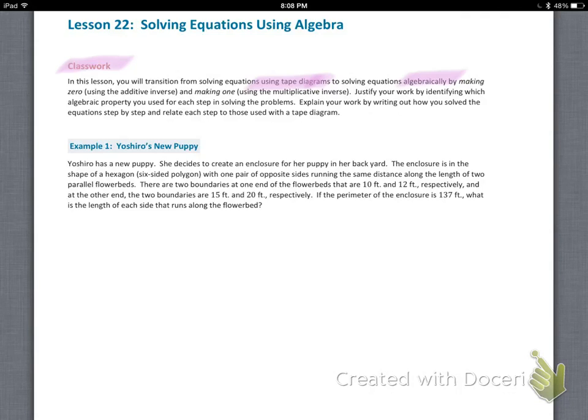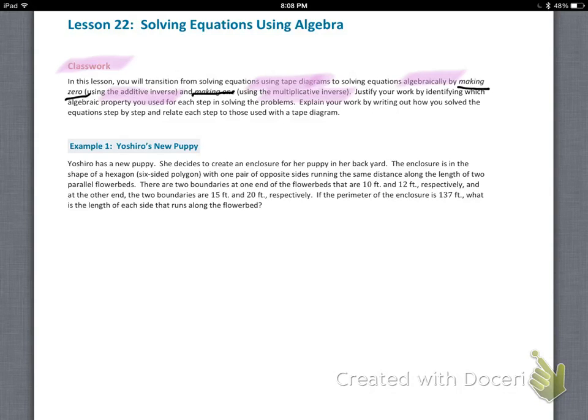Making zero. Very interesting, huh? And this idea of making zero, we talked about that in Lesson 21, and using additive inverse and making one by the multiplicative inverse. Okay?